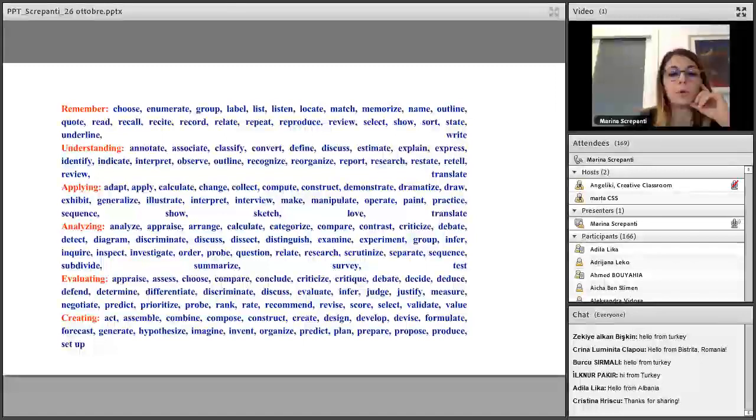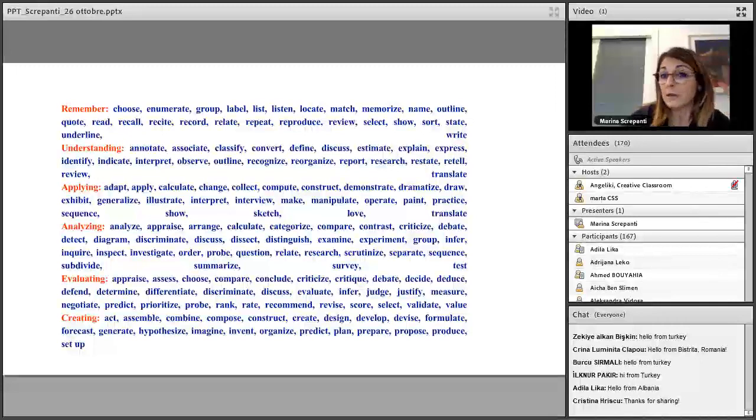So for example, choose, enumerate, group, label, list, listen, locate, match, etc. So when we work with these activities, we are working with the lowest thinking skills. Then we have to go up, understanding, for example. So if we ask to annotate, classify, convert, define, discuss, explain, we are working in understanding.